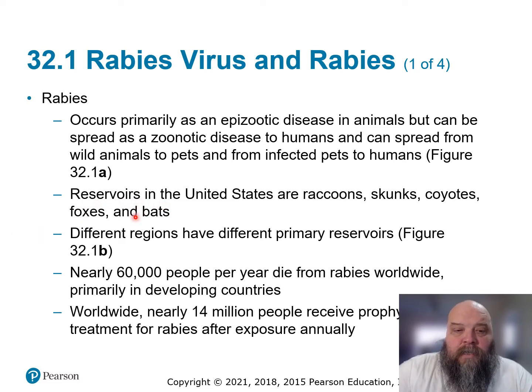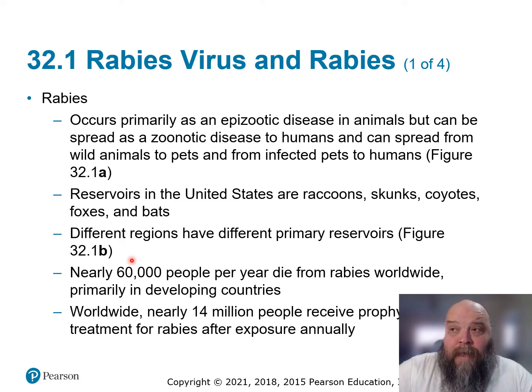Here in the States, whenever you say rabies, people automatically think bats, bats, bats. Not as often as you think. Depending upon which region of the U.S. you're from, better chance it's raccoons, skunks, coyotes, and foxes. Why raccoons, skunks, coyotes, and foxes? They eat other things.